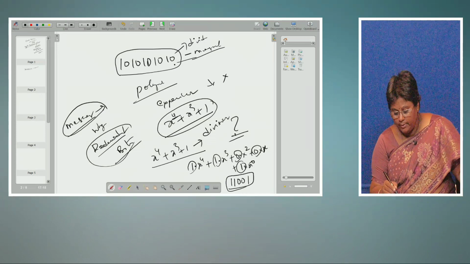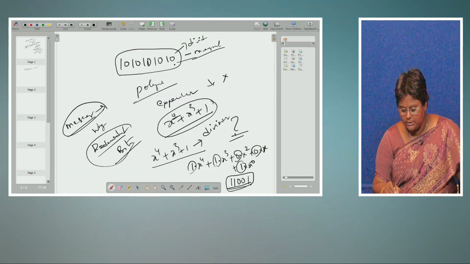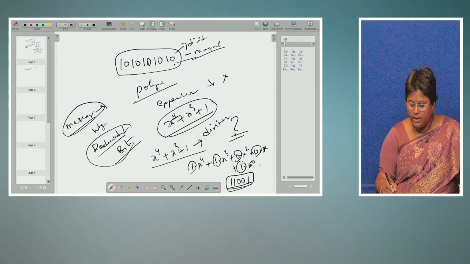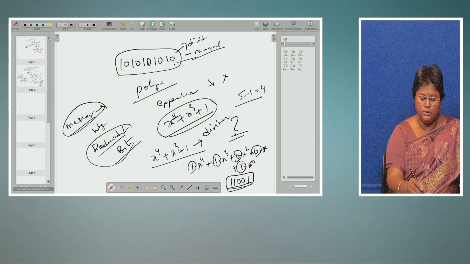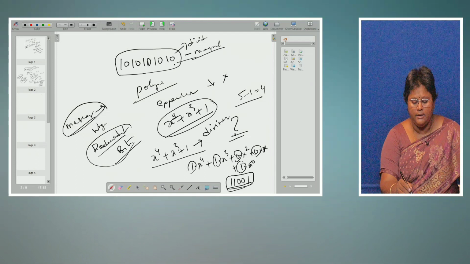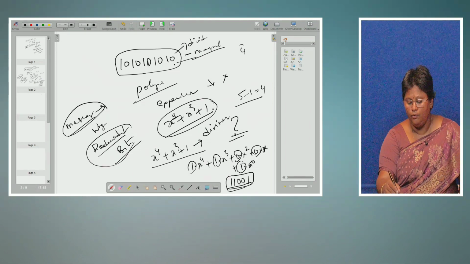Now how many redundant bits will you add? The number of divisor bits minus 1. How many do you have here? 5. 5 minus 1 gives you 4. That means to send a message of 101010 using a polynomial x power 4 plus x cube plus 1, I have to add 4 extra bits.